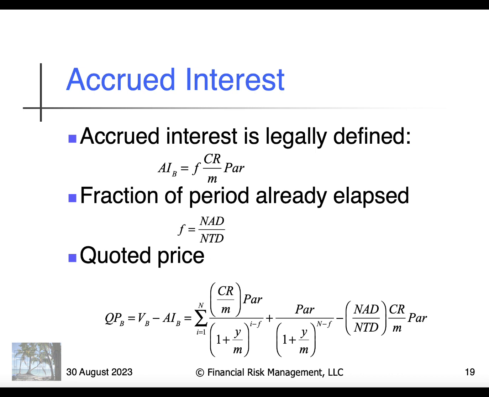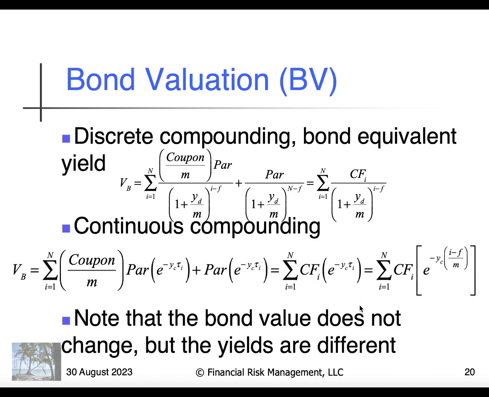Mathematically, the quoted price is simply the value of the bond minus the accrued interest, where the bond valuation equation is as we saw before, with a little more technical detail. We're allowing for a fraction of the year, for different payment frequencies during the year, and we're adjusting for the accrued interest.